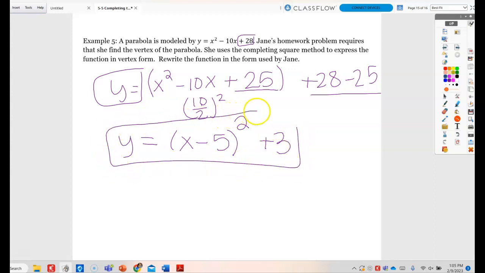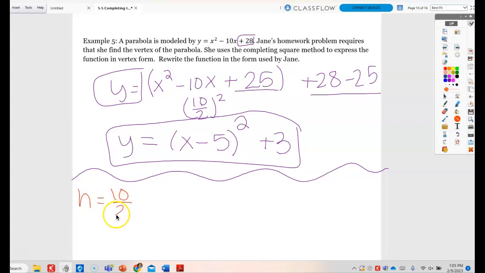Now I took a standard form and wrote it in vertex form. The old way, not going to like that way. Now that you know this way, the old way was when you had to do h equals negative b divided by 2 times a. And we got h was 5.